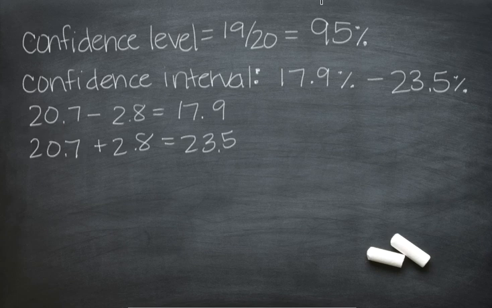So again, we've got our 20.7, which is the value that they've given us. And then we're subtracting that 2.8 percentage points and adding that 2.8 percentage points, which gives us a confidence interval of 17.9% to 23.5%.